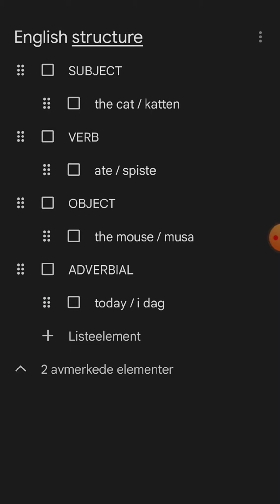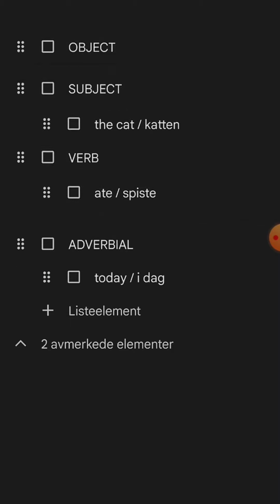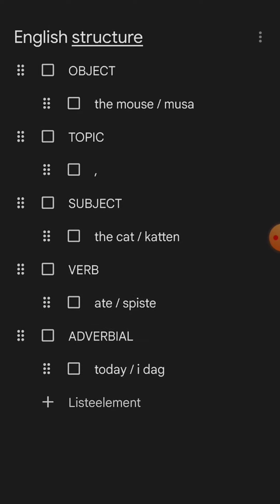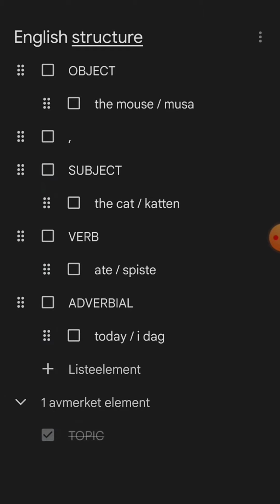And more damningly, the mouse the cat ate today. If you have a comma, specifically if you have a comma, then the mouse, the cat ate today, is a valid sentence.